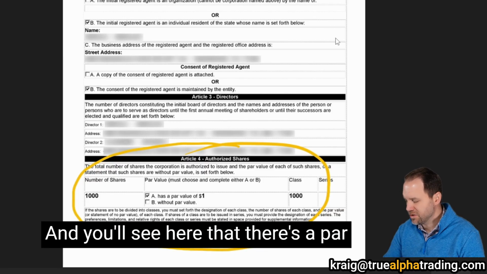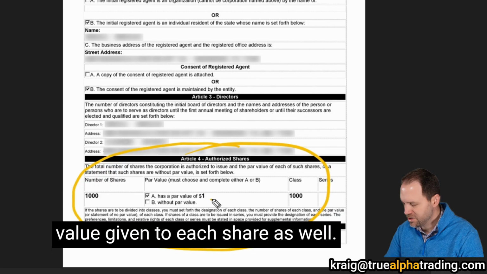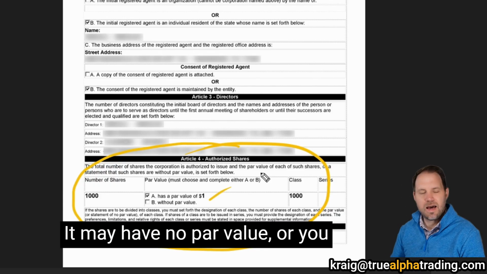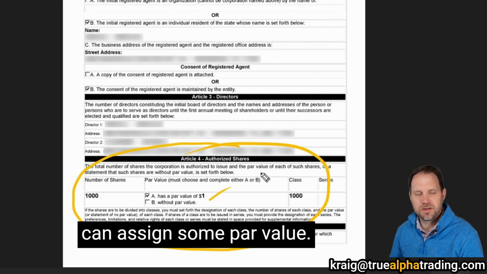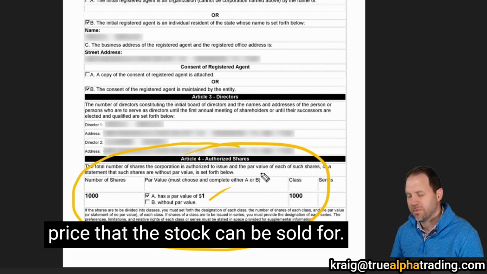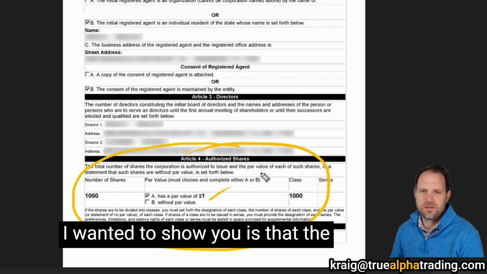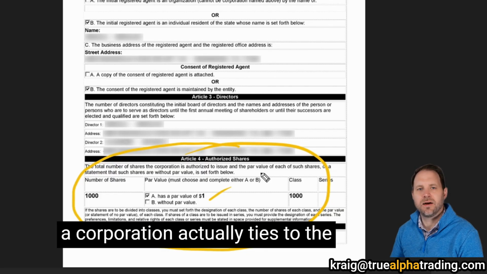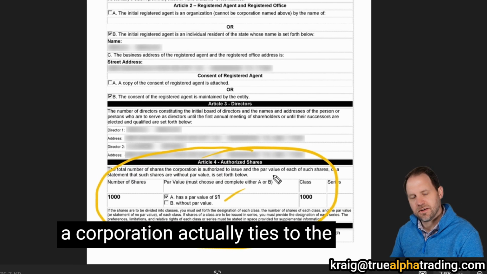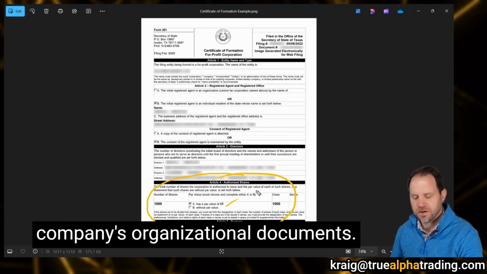You'll see that there's a par value given to each share as well. It may have no par value, or you can assign some par value. All that means is the minimum price that the stock can be sold for. The main thing is that the shares of stock created by a corporation actually tie to the company's organizational documents.